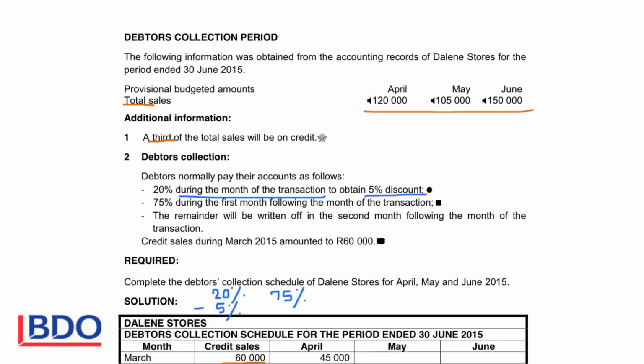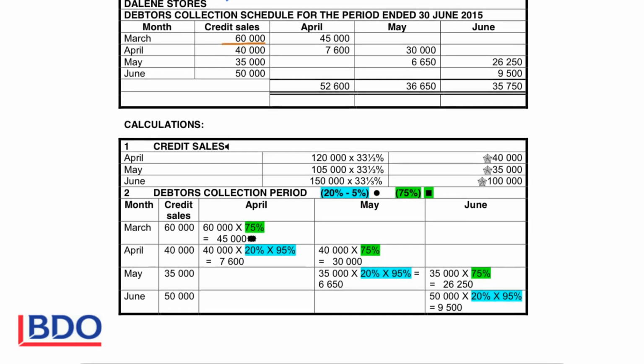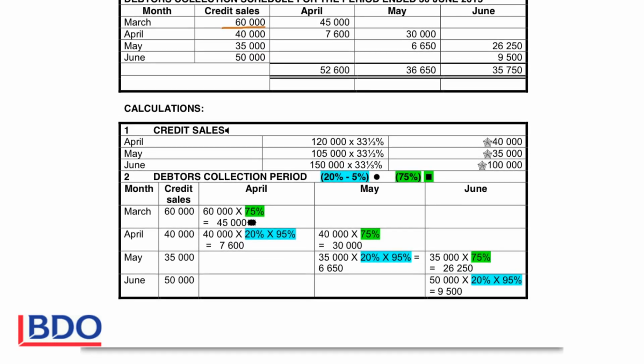So we will do the calculations now to determine of the March sales, how much will be received during March, how much will be received during April. We will look at our credit sales and we will determine how much money will be received in the month that the goods were sold and how much will be received in the month following the sales.